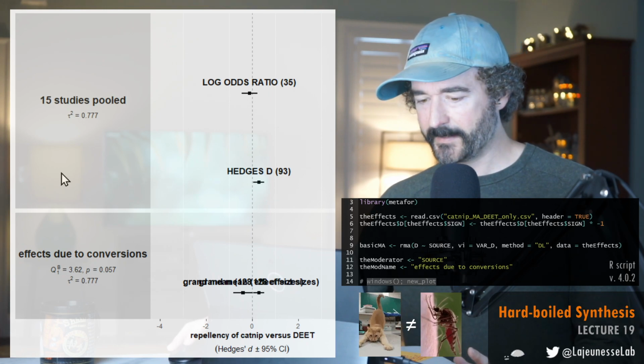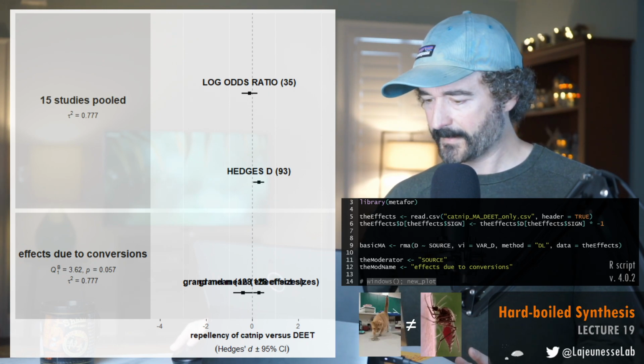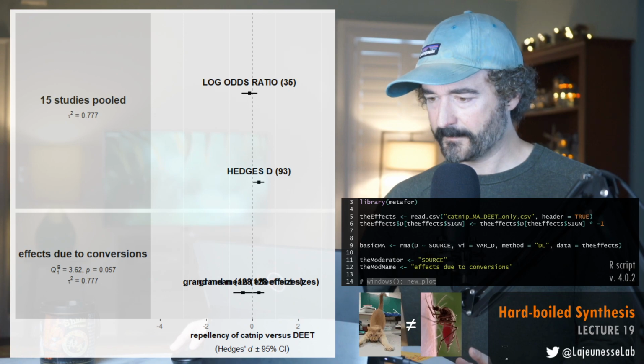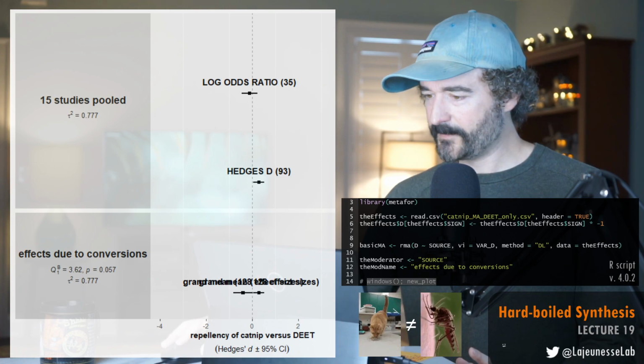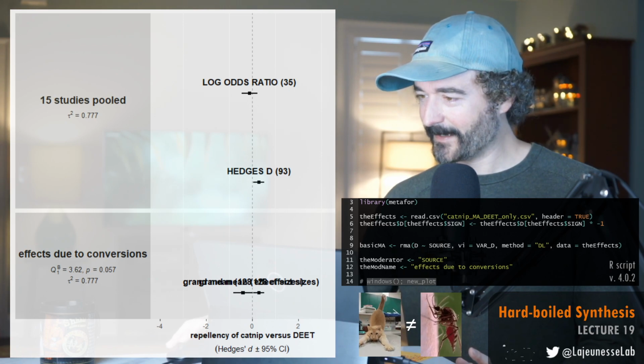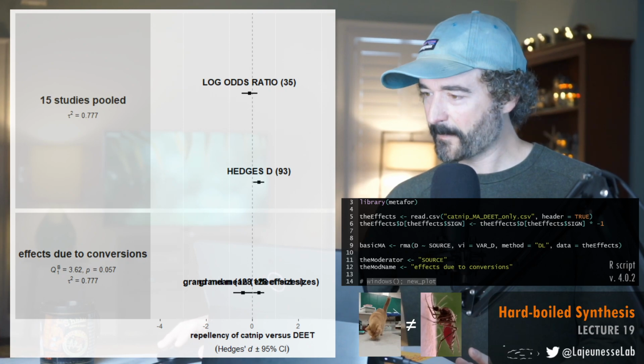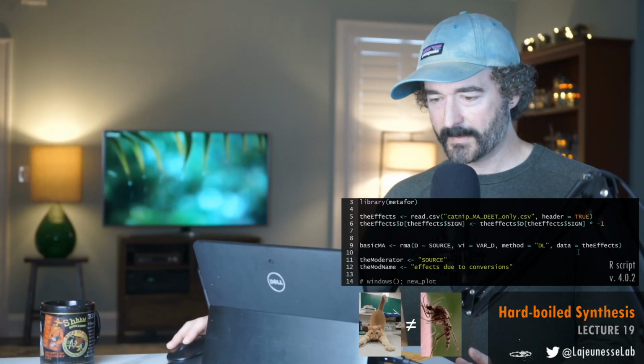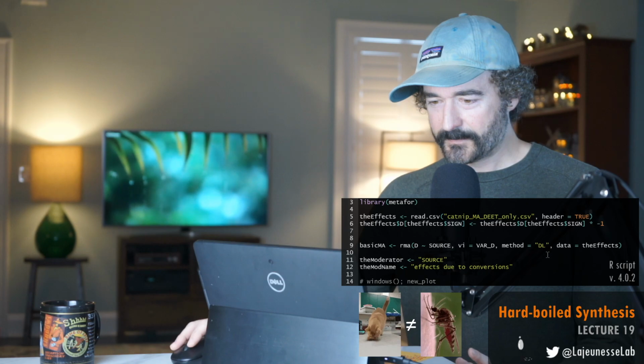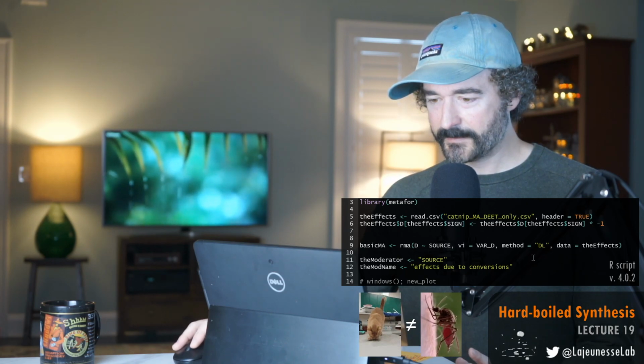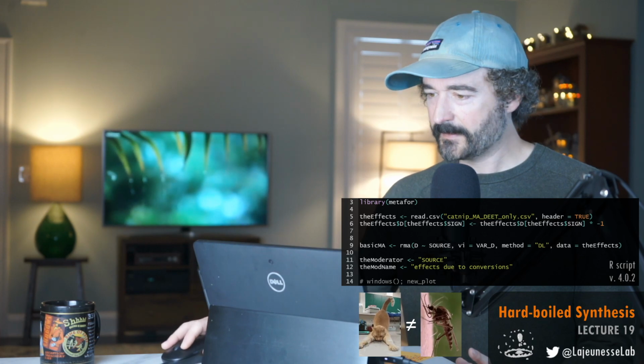Something funny happened here. What do you see? You do see this nonsense that I see. Okay, well, I've got to try something different here. Source, effects due to conversions. Let me try it again.